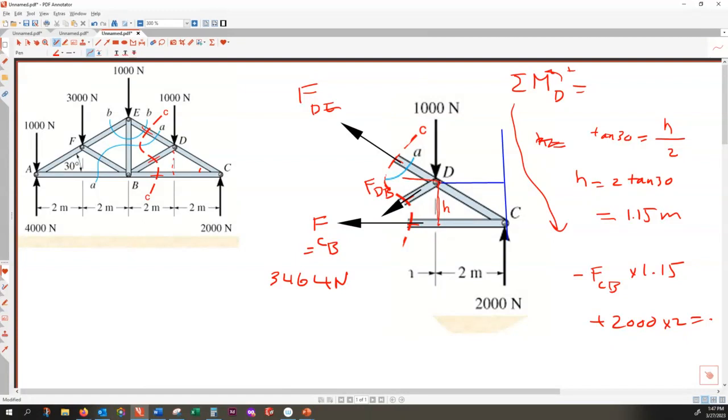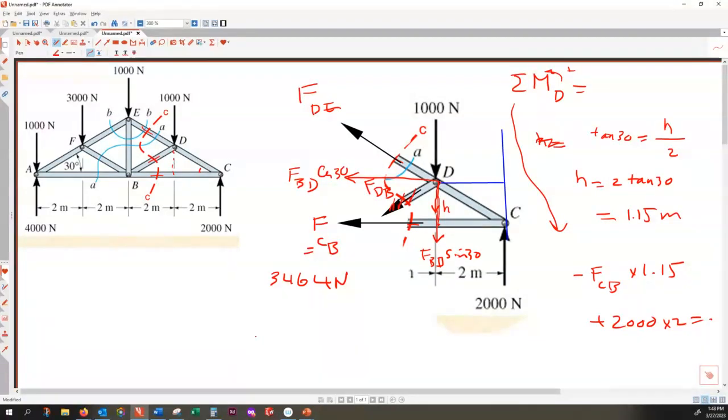The first component is FDB cos 30, and also that one is FDB sine 30.